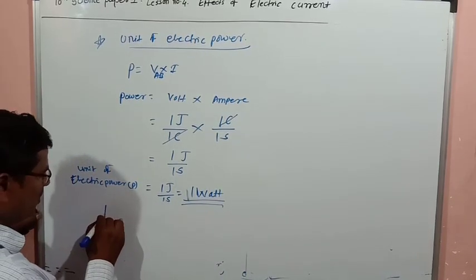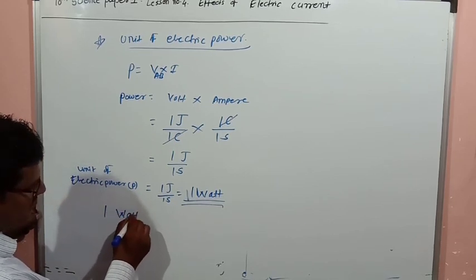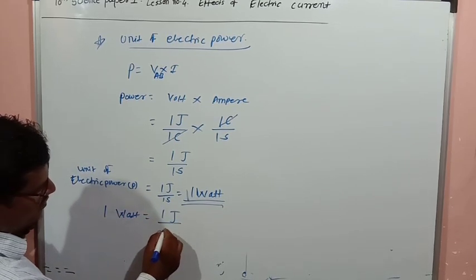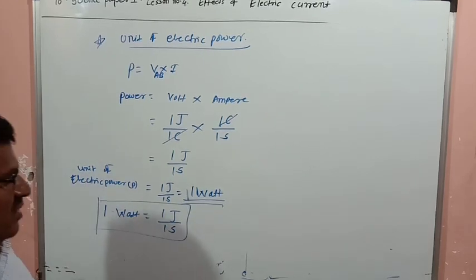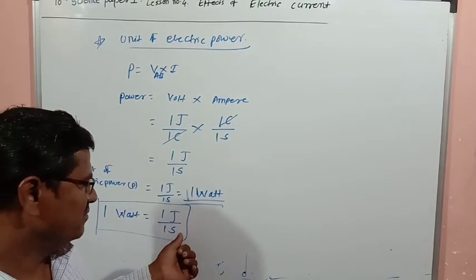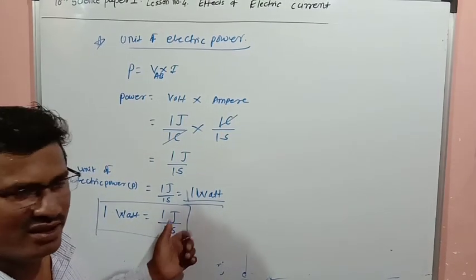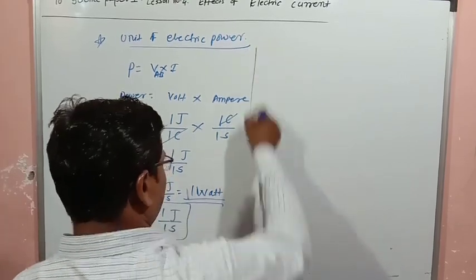So 1 watt is equal to 1 joule upon 1 second. When you say 1 watt, it means 1 joule of work is done in 1 second, then our electric power is 1 watt.